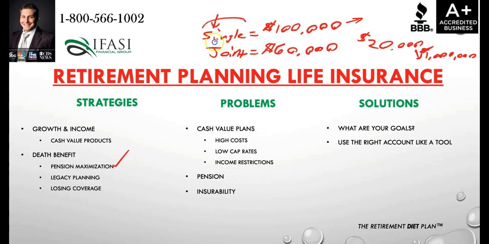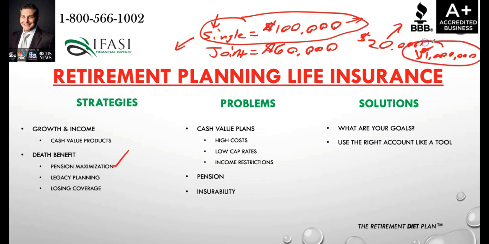An individual could take out the single life income option, receive $100,000, know that out of that $100,000, $20,000 is going to have to go to a $1 million policy, and that would allow them and their spouse to still net $80,000, because $100,000 minus the $20,000 premium, all things being equal. Now, obviously, there are some other tweaks with this, and there are other results when we deal with taxation and all of that. But just for simplistic purposes, this individual and their spouse would be able to net $80,000.